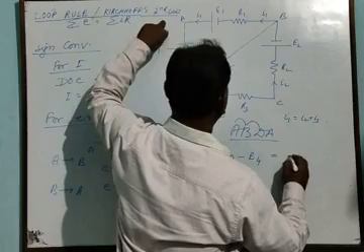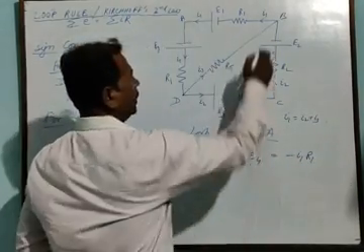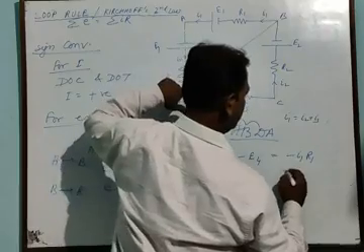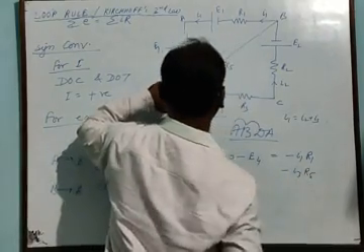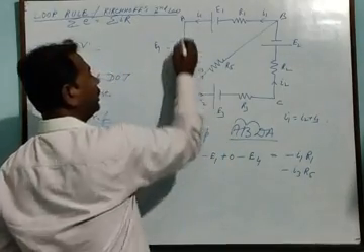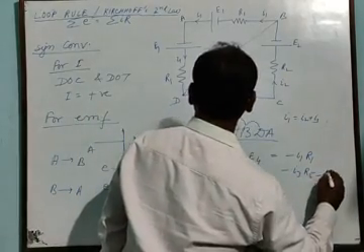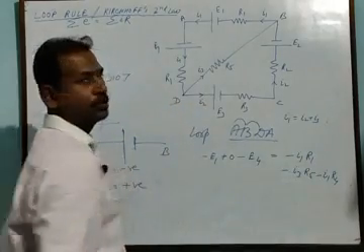So it will be equal to minus I1 R1. When we are moving from B to D, again current is opposite, so minus I3 R5. Now we are moving from D to A, again it is opposite. Minus I1 R4. Now this becomes an equation.